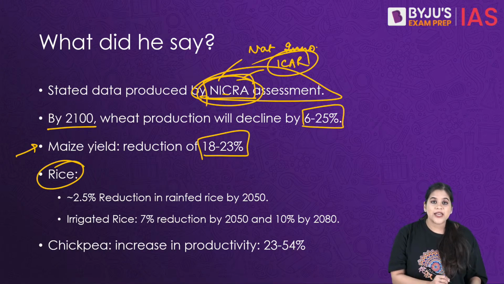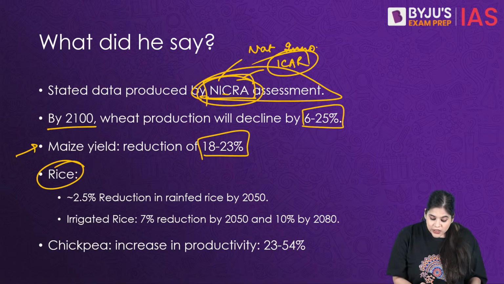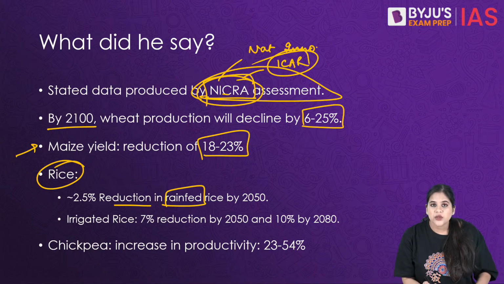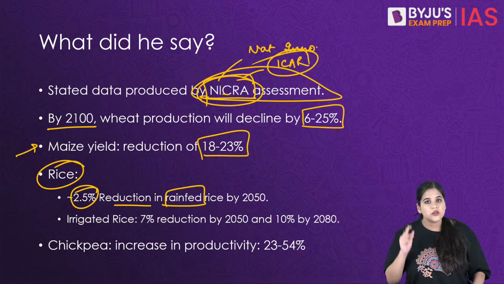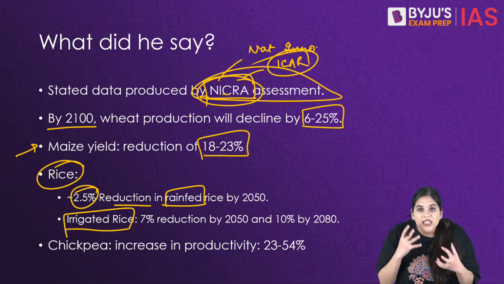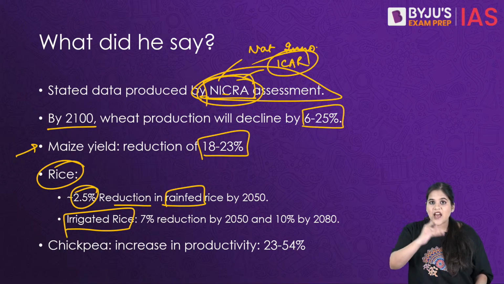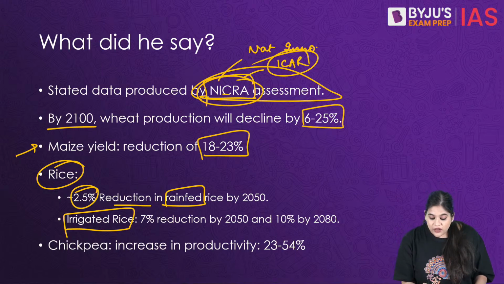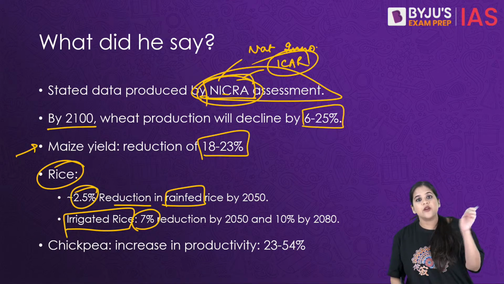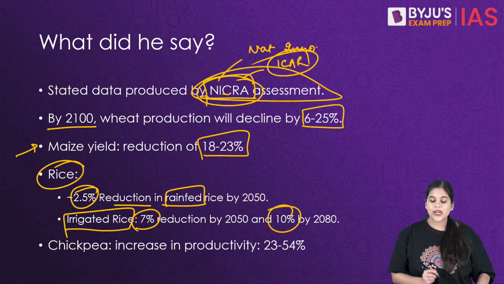When it comes to rice, in the areas where the rice crops are rain fed, this reduction will be about 2.5% by the year 2050. And in the areas where the rice is irrigated, where we have canal systems, the reduction will be 7% by 2050, and by 2100 this reduction will be 10%.